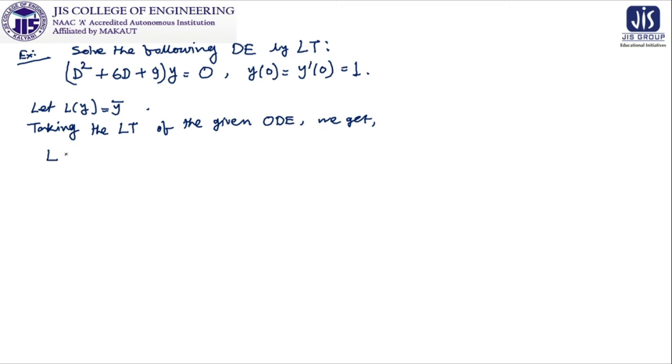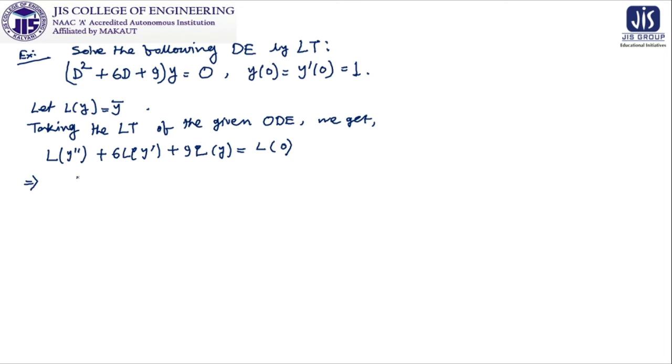So we can write it as L y double dash plus 6L y dash plus 9L y is equal to L0.